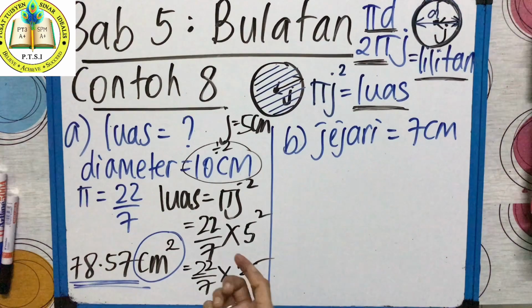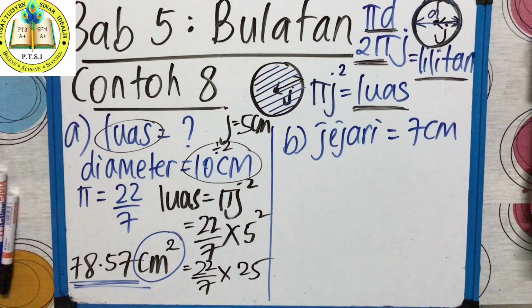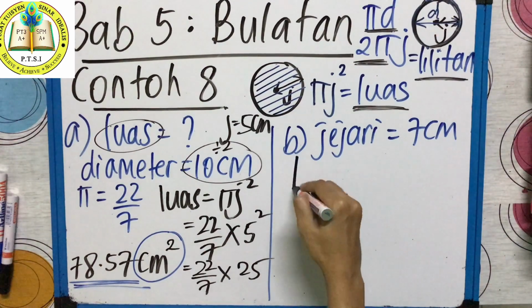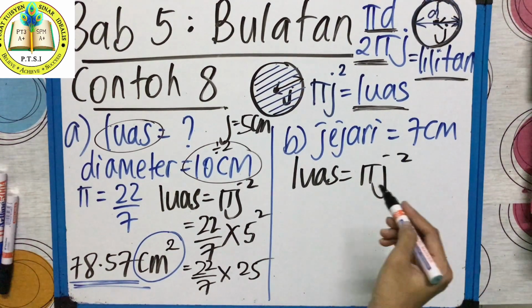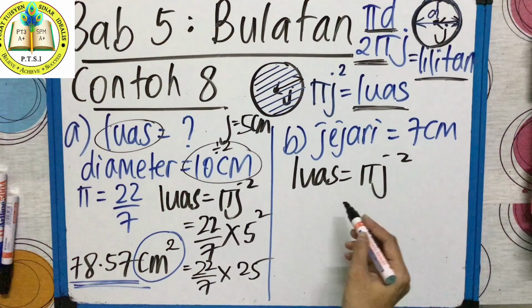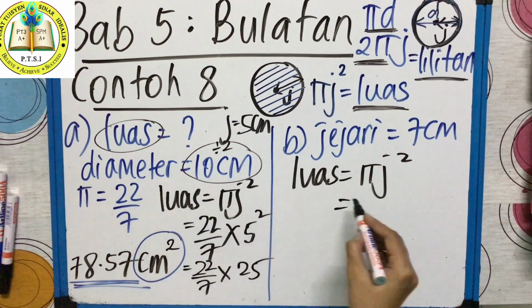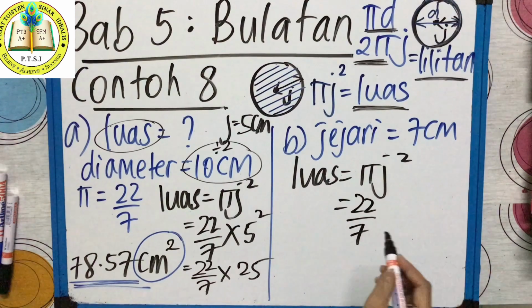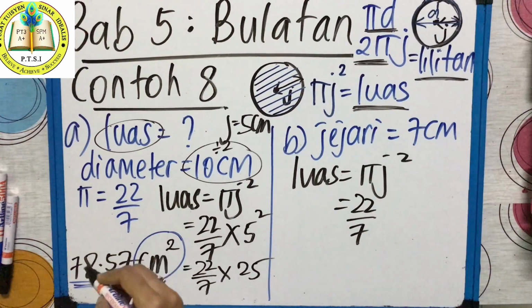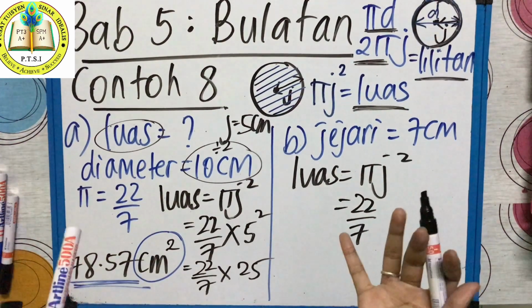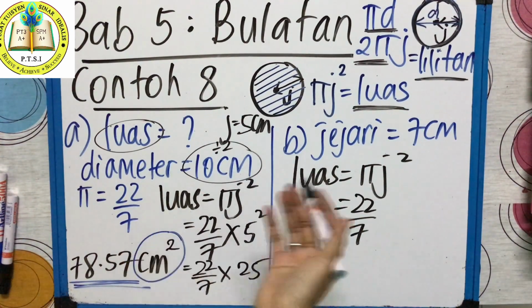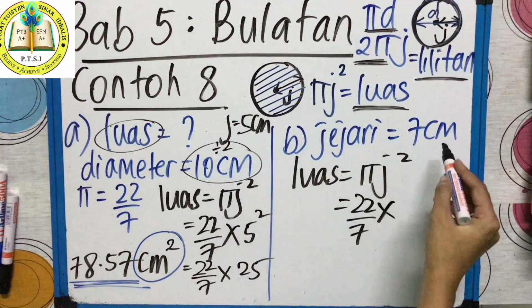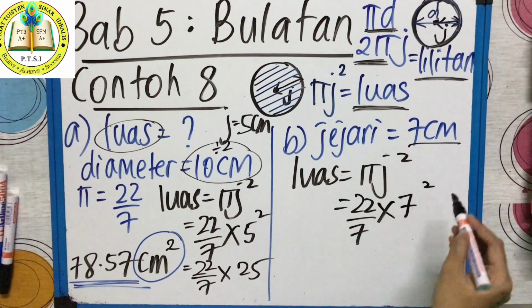Okay, next question. Jejari 7 cm. Soalan masih sama. Cari luas. So what is the luas formula? Again teacher write. Luas equal pi j kuasa 2. Pi r square in English. So luas you have to find. Pi value they gave ready, 22/7. Check and see what pi value they gave. If they didn't give pi value, you can take this is easier lah. Okay. 22/7 times jejari. Jejari sudah diberi, 7 kuasa 2.